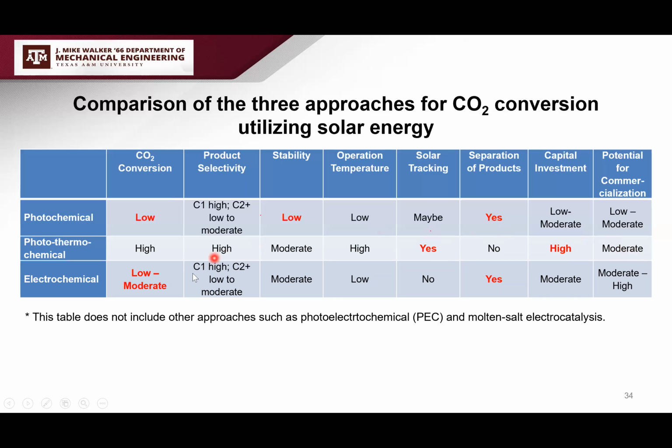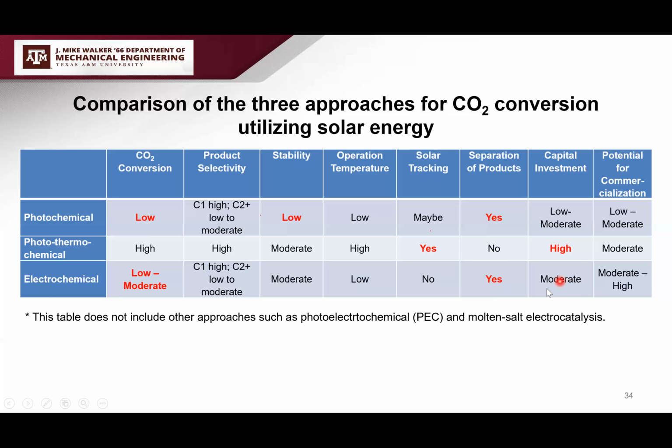Okay, and then finally is the electrochemical. Although you see the high selectivity, the conversion actually is relatively low. Of course, with the development of those flow cells, the conversion is higher. So I label it low to moderate. So hopefully this efficiency can increase in the near future. Okay. So of course it faces some separation costs as well.